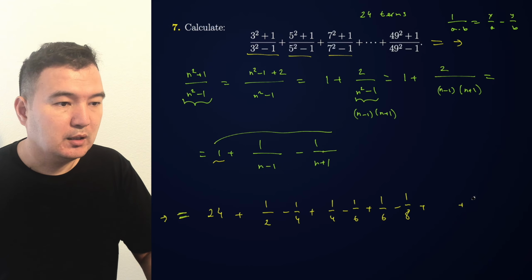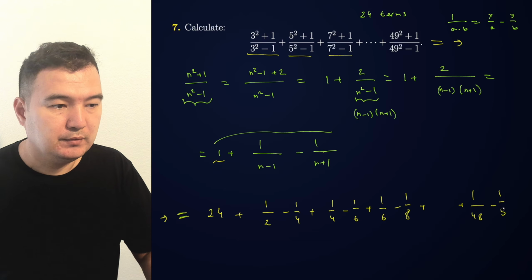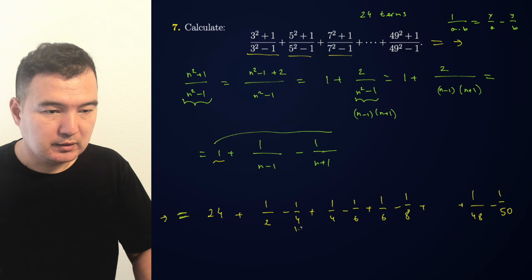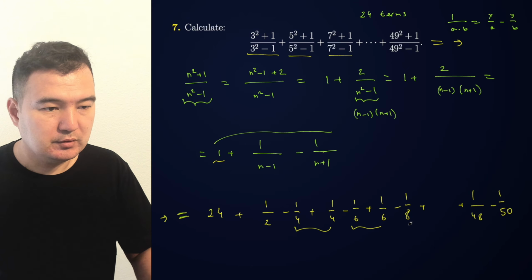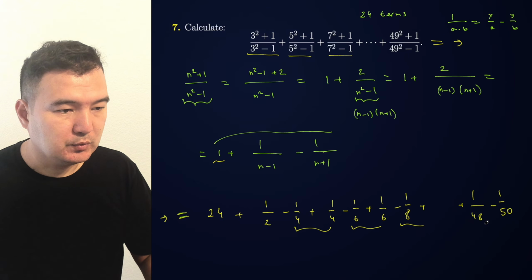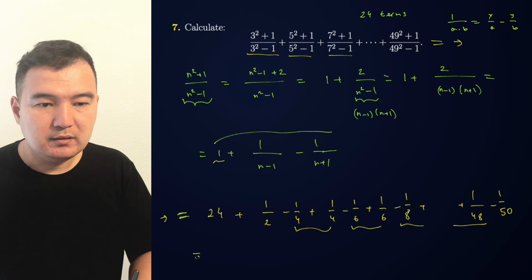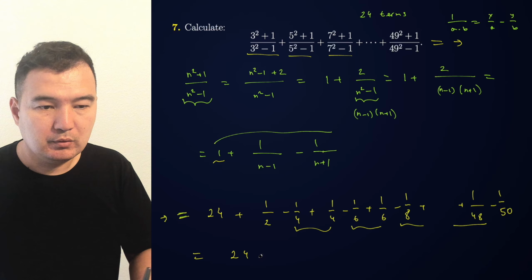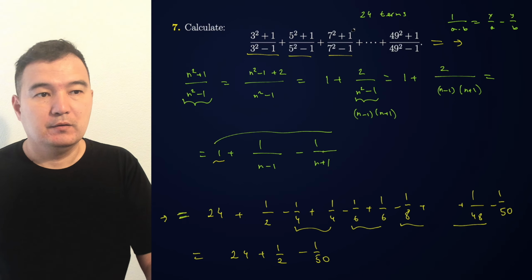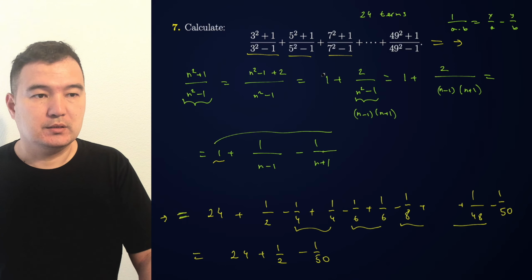And so on, up to 1 over 48 minus 1 over 50. Now you can see the terms that cancel out. This is 0, this is 0. You have 2 consecutive zeros and up to here. So in the end, you are left with 24 plus half minus 1 over 50. So do this calculation, you get the final result for this expression.